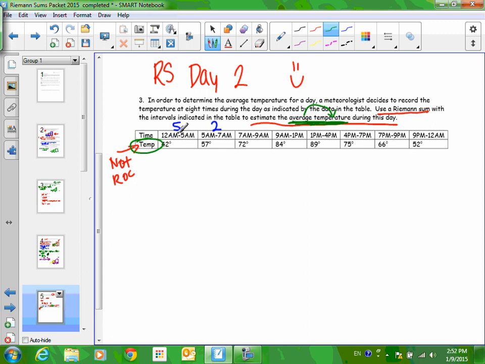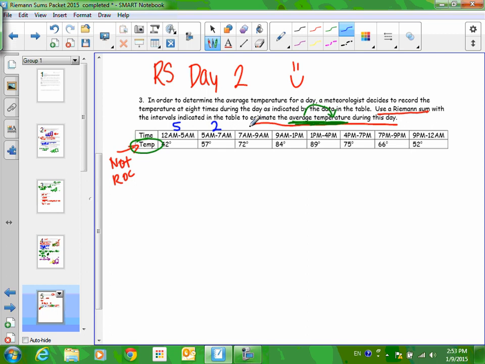Now, if all of these intervals were the same, anybody have an idea of something really easy we could do to find the average temperature? Average all the numbers. If those time intervals were the same, that's what we would do. That would definitely be easier than what we're about to do, although we're not about to do anything super difficult.